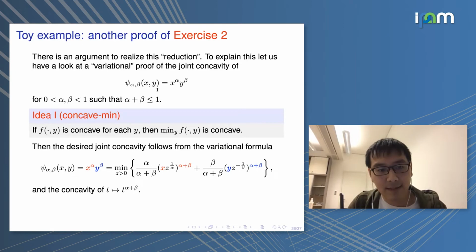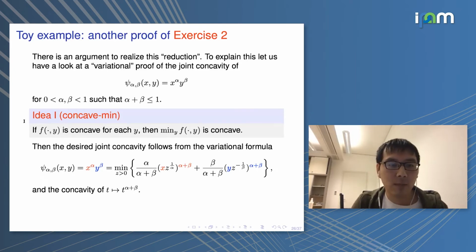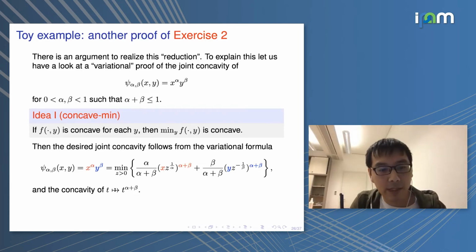The idea is that concavity is stable under taking minimum. Namely, if you have a family of concave functions, then their minimum, whenever it exists, is also concave. Therefore, the desired joint concavity of psi alpha beta will follow from the following variational formula, together with the concavity of this one variable function, t to the power alpha plus beta.